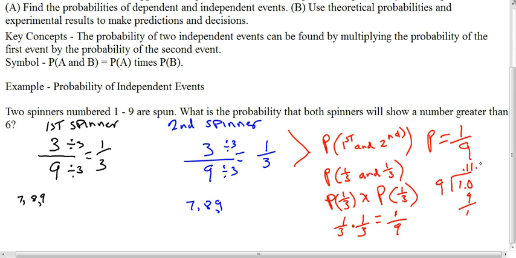So we're looking at 11.1%. Okay, so here it is: a probability of 11.1% of that particular outcome happening, and we're talking about spinning, and both times we spin, we will get a number greater than 6.